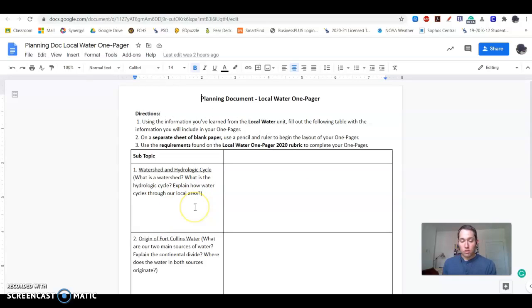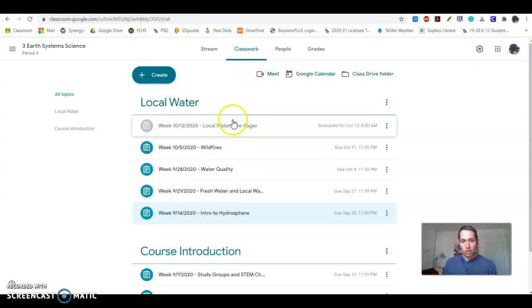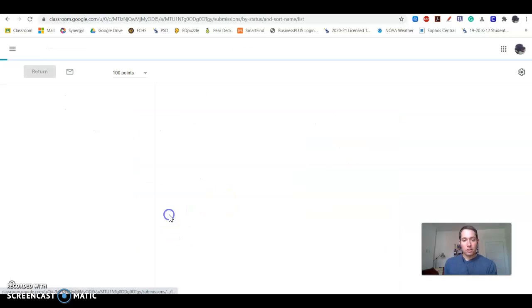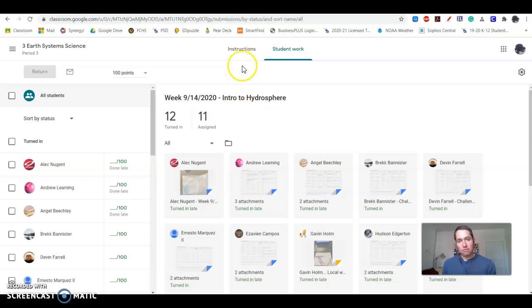And you should use the previous week's assignments for information, right? So for example, watershed and hydrologic cycle, there's some guiding questions here for you to kind of fill out that will help you write your answers in this space. What is a watershed? So I could go back to the local water unit. I would click on the Intro to Hydrosphere, and I would start looking at what I did, right?